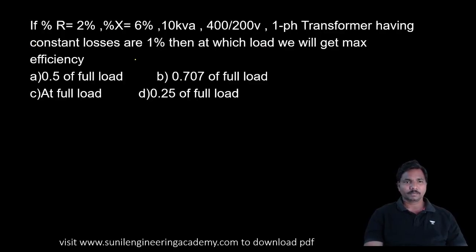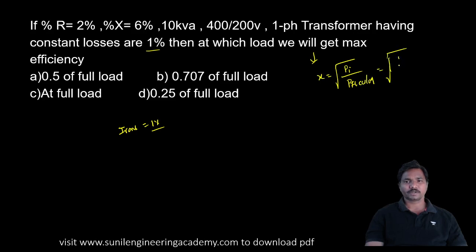And the next one, percentage R and percentage X of a single phase transformer having constant losses. The iron losses they have given as 1%. At which load will we get the maximum efficiency? At x equals root of iron losses by full load copper losses. Iron losses are constant losses, they have given 1.